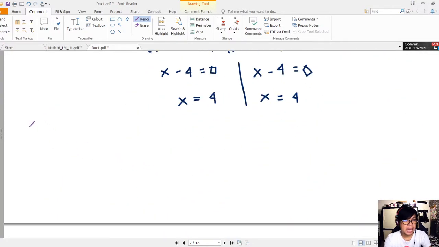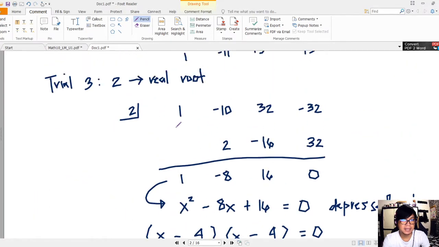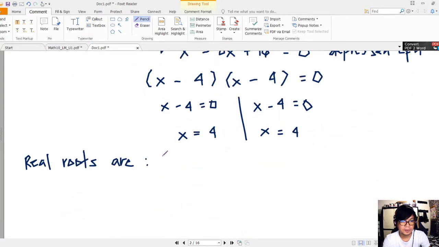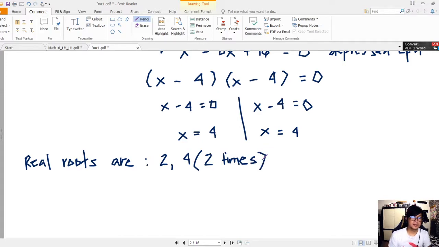So the real roots are 2, tapos 4, tapos yung 4 natin is 2 times siya nag-appear. So, yan yung ating real roots.